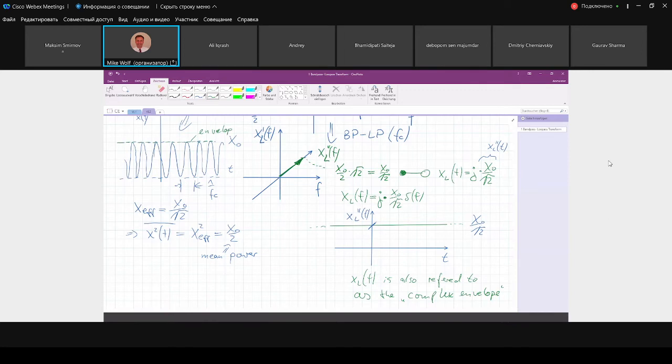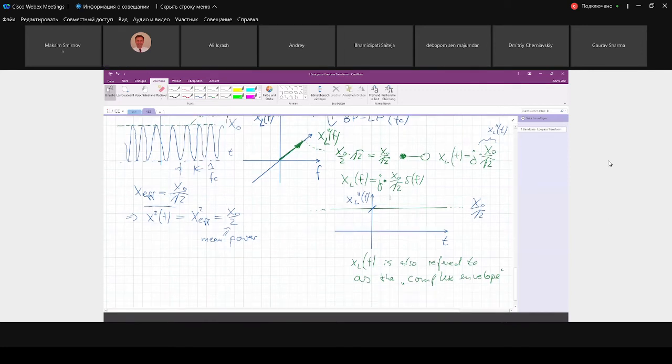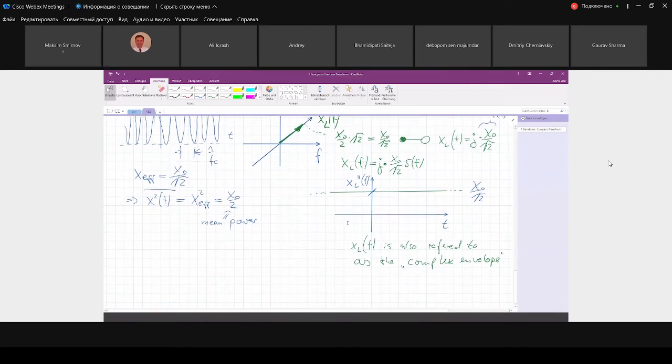Now look, what is the power of this signal? It's |x_L(t)|². It's not allowed to just write the square because it's complex. We need to take the average magnitude squared of this.